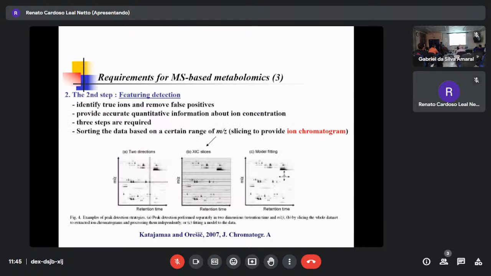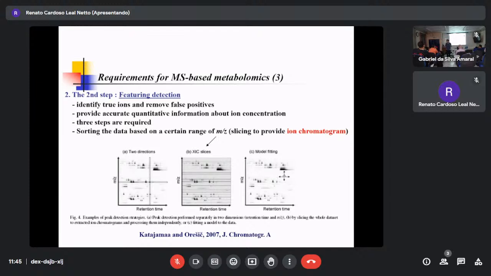And the second step is feature detection. Feature detection means, let's say simply, which signal is a real signal. When you measure the HPLC data, the MS data, now I detect number four. Four signals I detected. But ideally, all four must be from my sample. But also possibly some signal from your instrument, right?